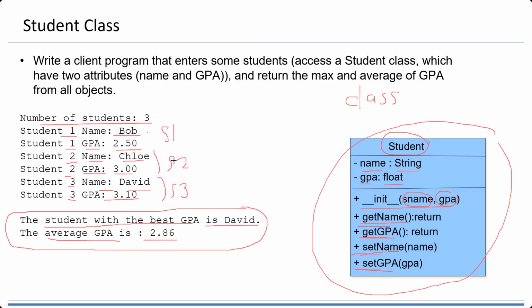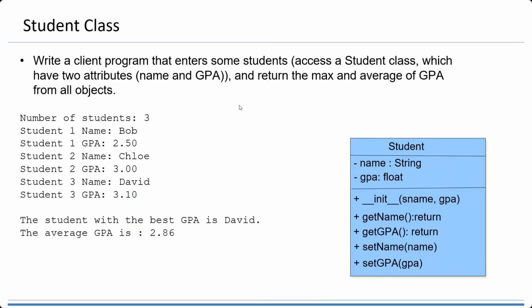And after I have the student 1, student 2, student 3, I would like to find the maximum, and then I need to calculate the average. Okay, let's create the class.